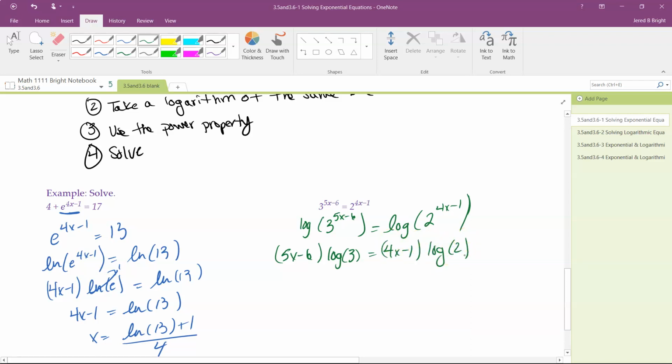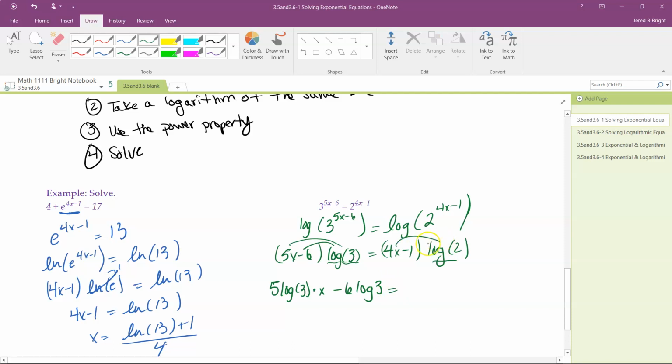Now this is where it gets messy. We need to think of this log 3 and log 2 as a number. So for all intents and purposes, it's like a 3 and a 2. If this is just a number, you can distribute that, right? So you'd have 5 log 3 times x minus 6 log 3.